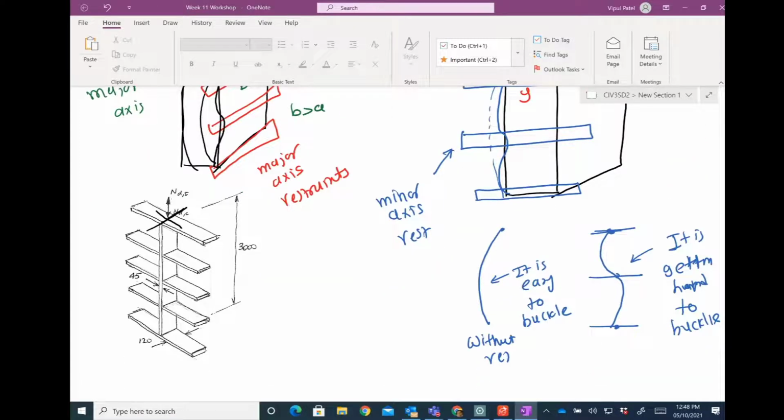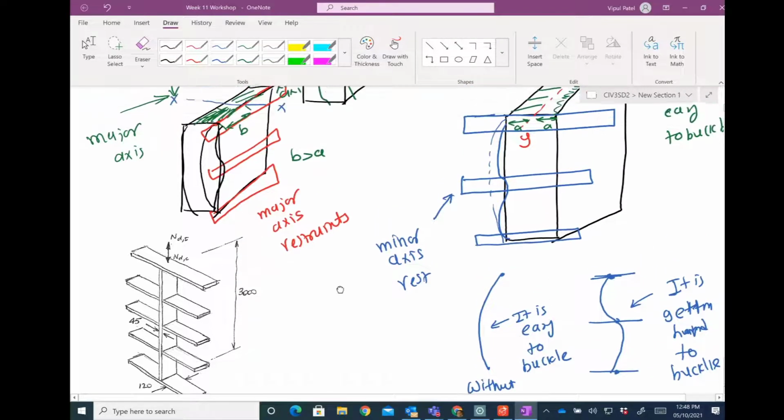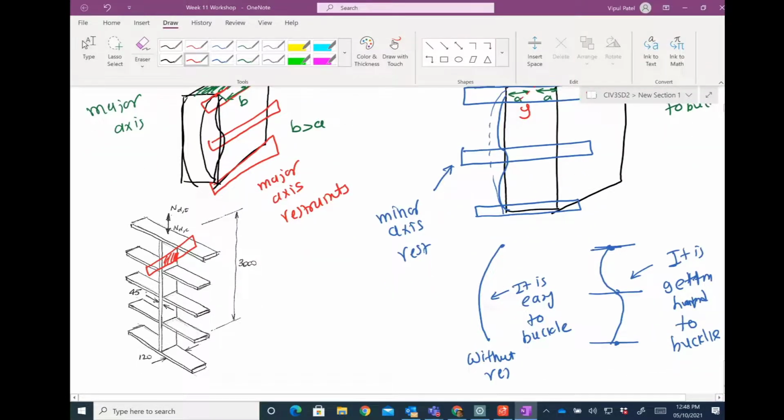So if you have options, if I want to put the major axis restraint, how am I going to put it? If someone can help me, if I want to put the restraint on the major axis, I would put it like this. Sorry, I can use the red one. So I would have it attached to this surface, right?